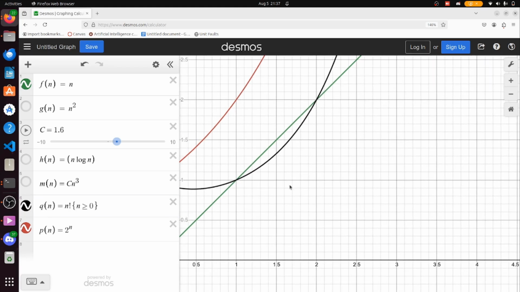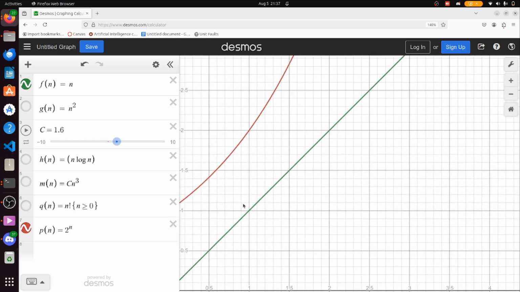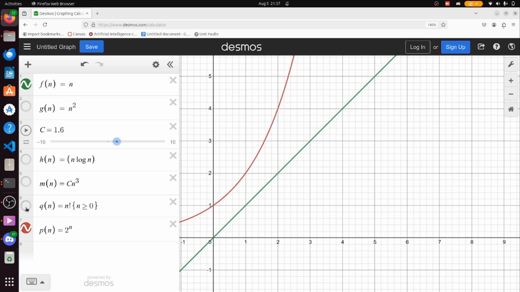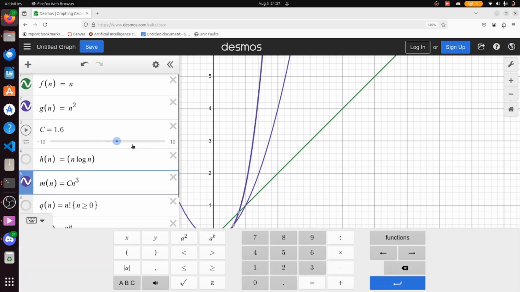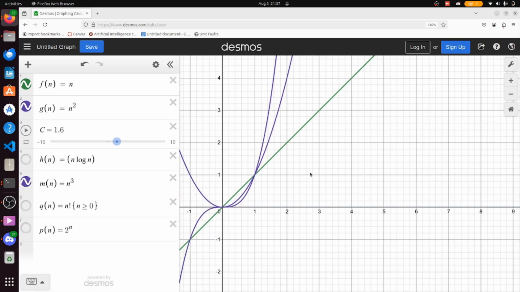Now, with that being said, these different functions, while they are all big O's and all upper bounds, differ in the tightness of the bound. For example, when comparing n squared and n cubed, they both have the same n naught.